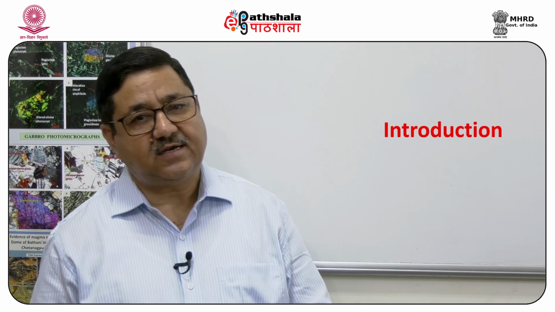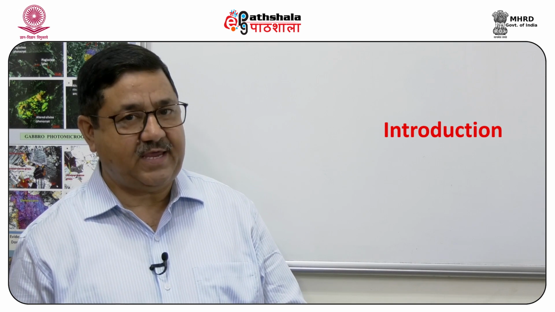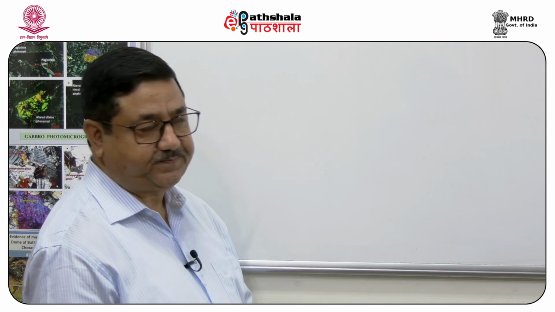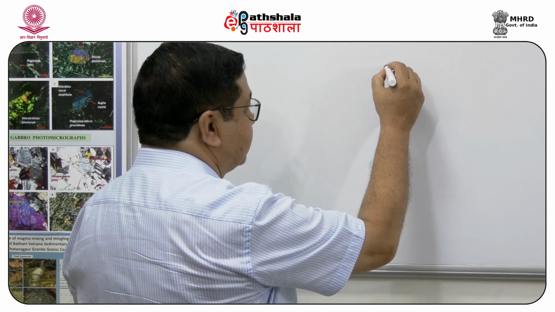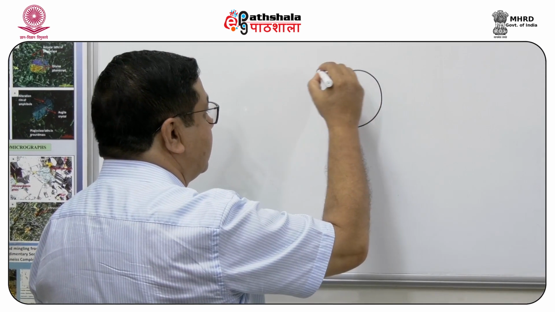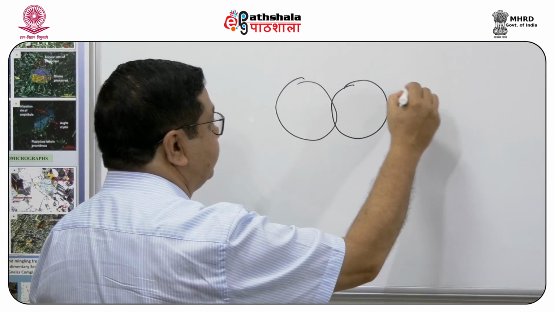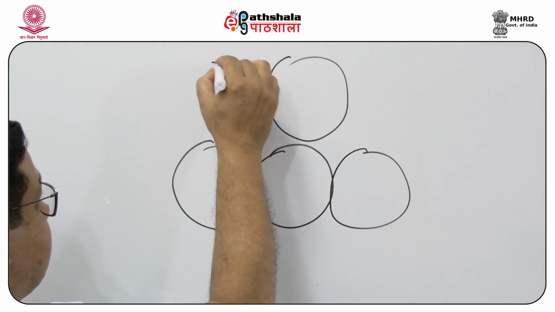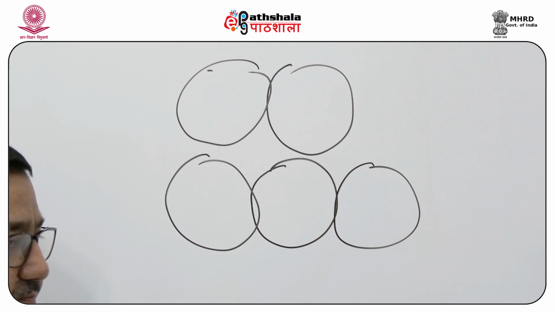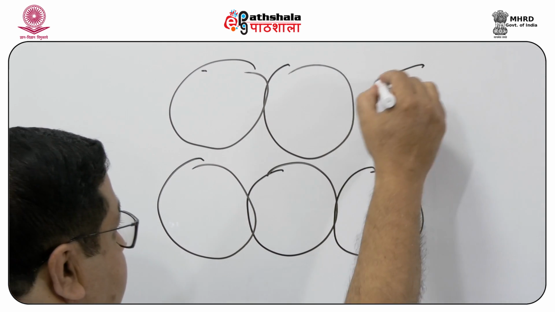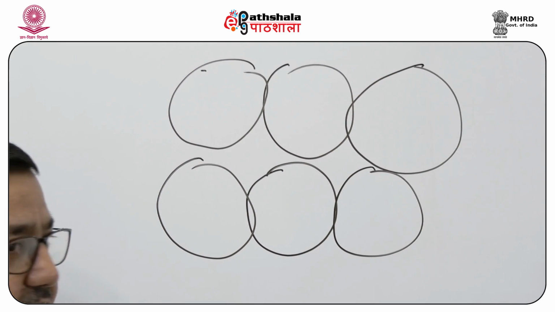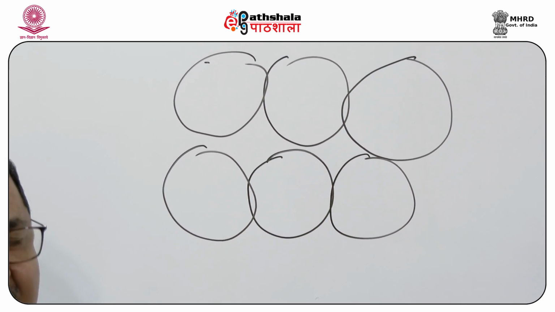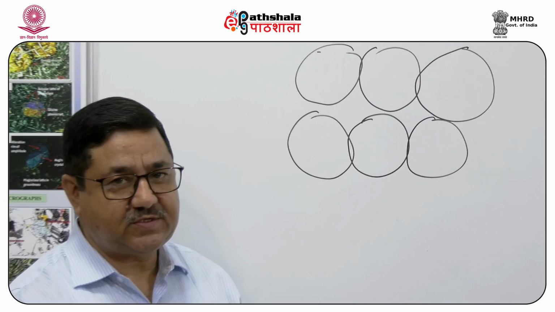So, if we look at one of the ways, it can be seen in this fashion that we have spheres of equal sizes which are touching each other, and they represent the idea of what we call closest packing.